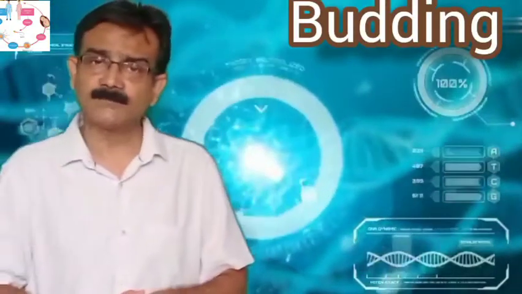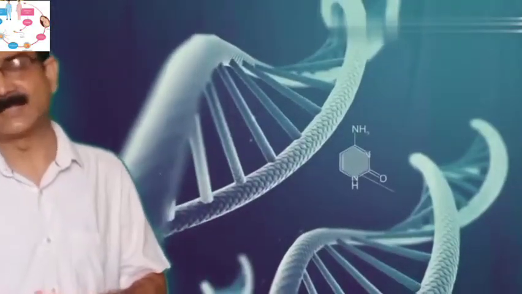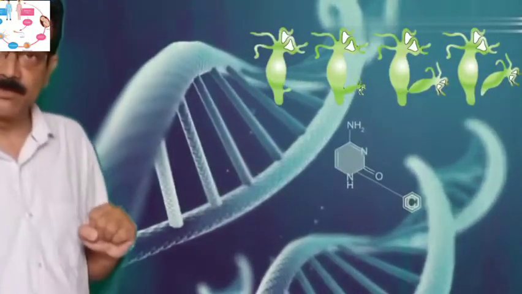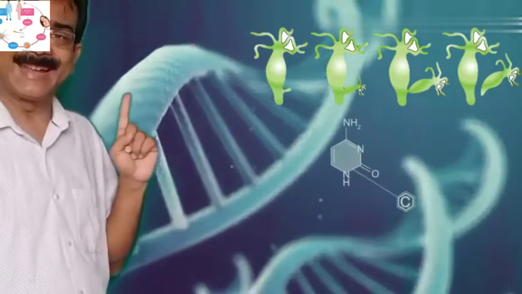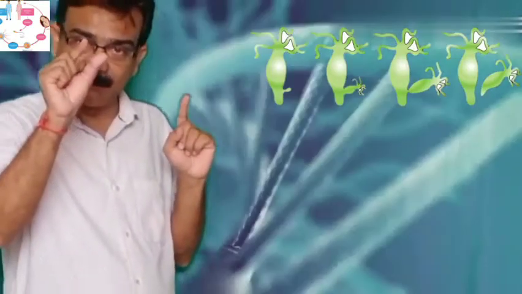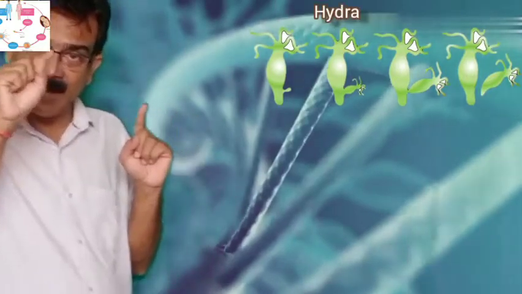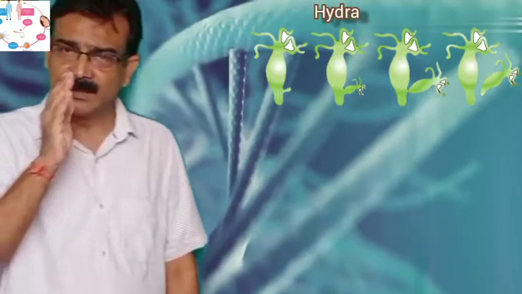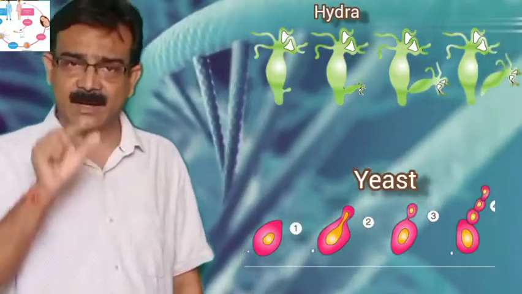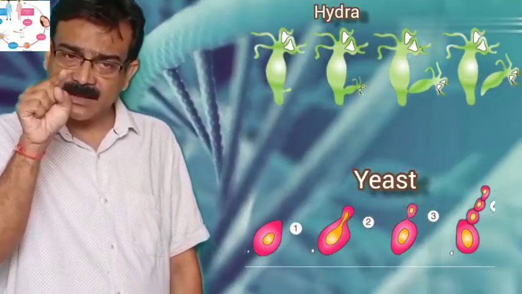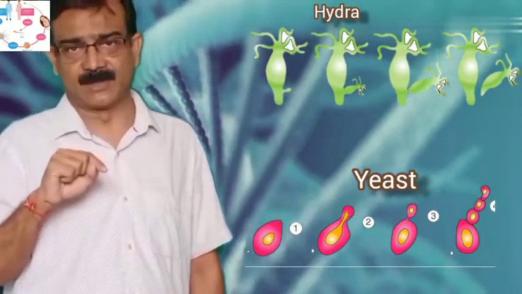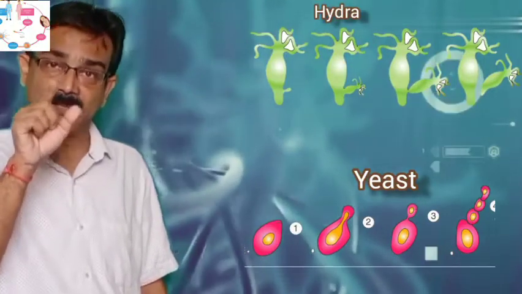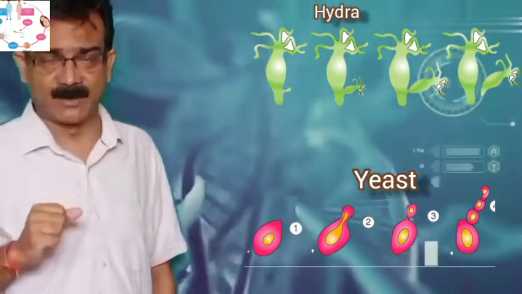Then after binary fission and multiple fission, the next type is what? Budding. Budding commonly occurs in yeast and hydra. In this diagram you are observing that from a parental body, a small bud, a kind of granule, is developing, and it is growing. What happened? Like in yeast and hydra, at a particular point there is repeated cell division taking place in the organism, where the organism reproduces with the help of bud formation.